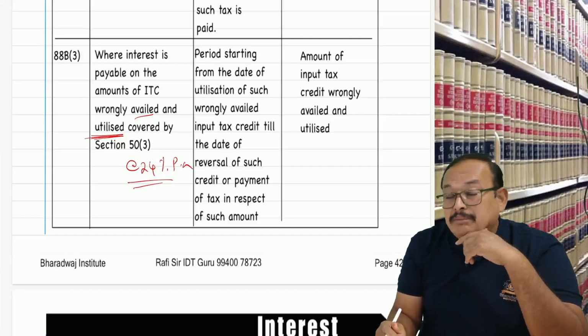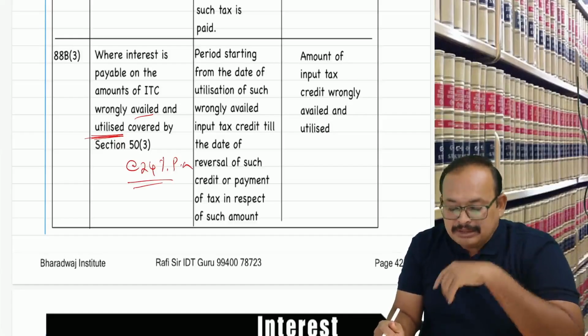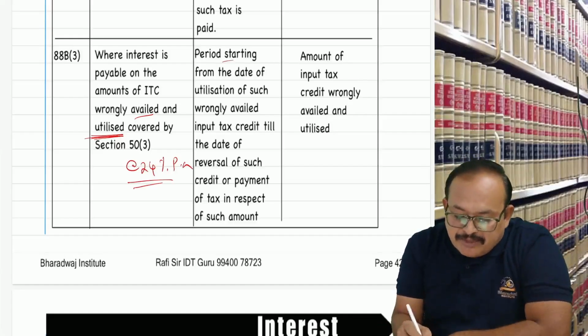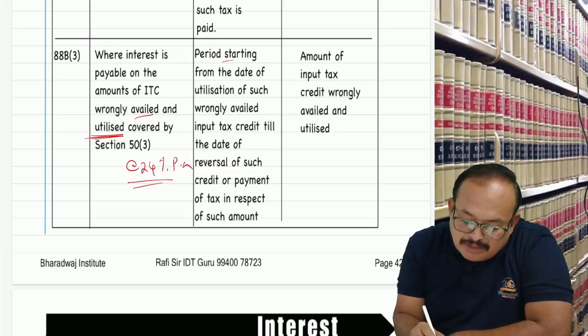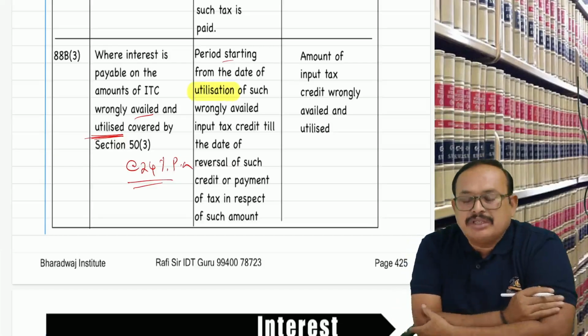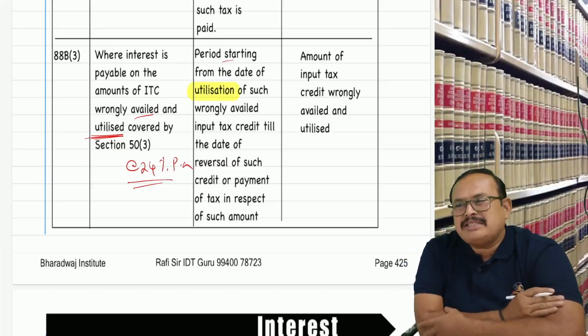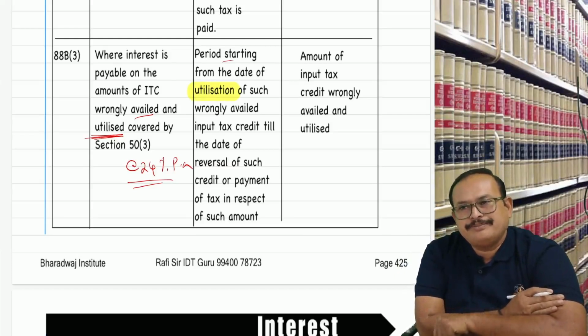But the number of days is reckoned from where? Listen here. The period starts from the date of utilization of such amount. What is the date of utilization?